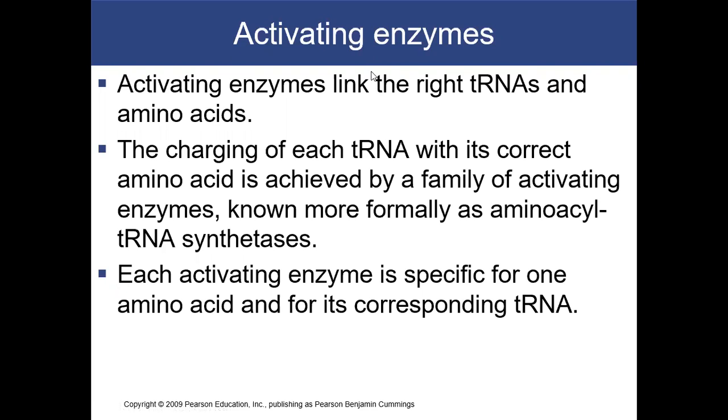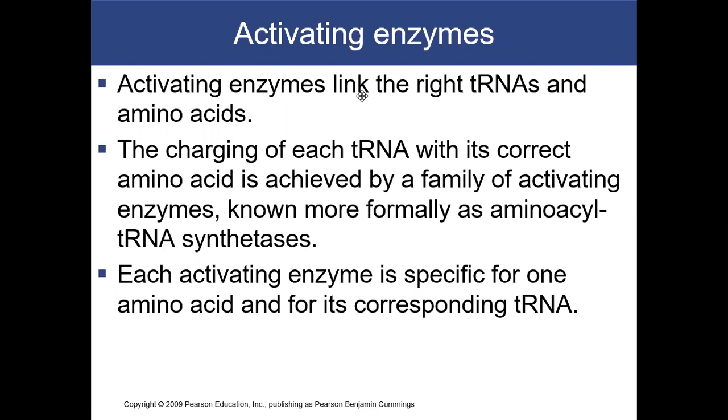Now, before I go into the translation, let's look at the charging of the transfer RNA, which is done by activating enzymes. These are a family of enzymes called the aminoacyl transfer RNA synthetases.